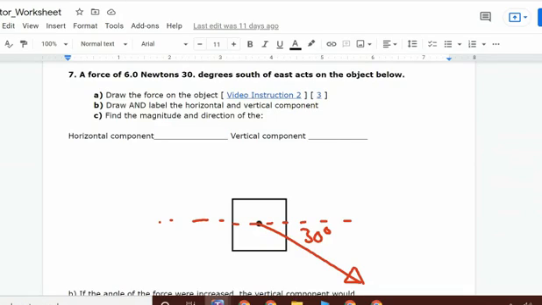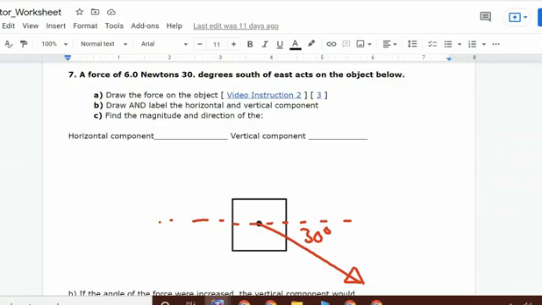How long is this going to be? 6 centimeters, we're using a 1-to-1 scale. Does your picture look like that? Southeast goes the other way. East is to the right.